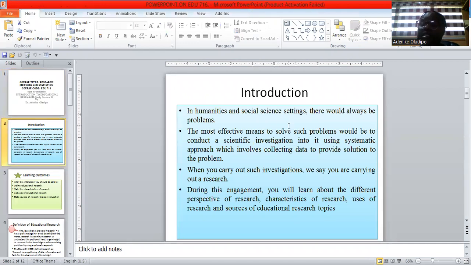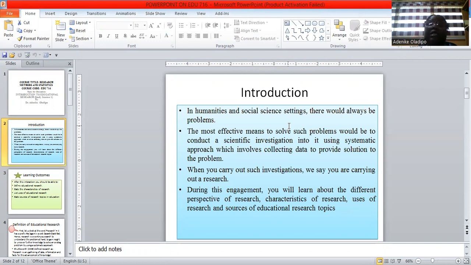In humanities and social sciences, there would always be problems. For instance, education would always be cumbered with so many problems, as in thinking about why some students do well and why some other students don't do well.